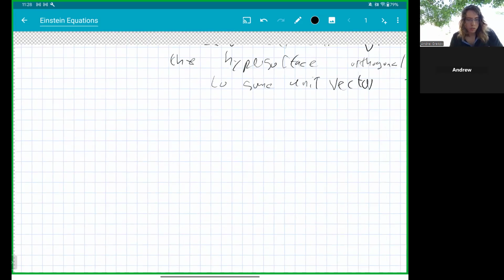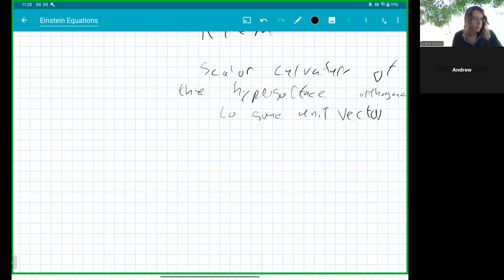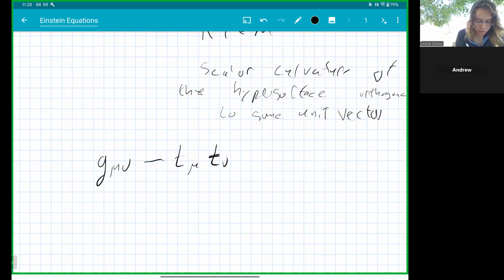Then instead of contracting the Riemann tensor with just the metric g mu nu, you would contract it with a projection operator. Right?